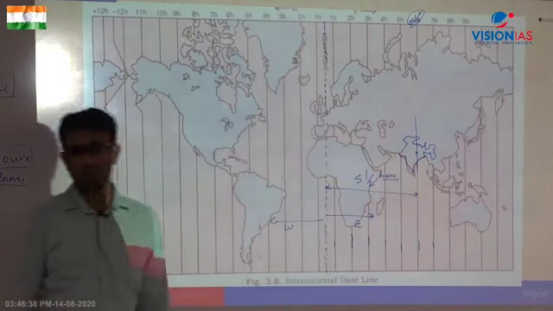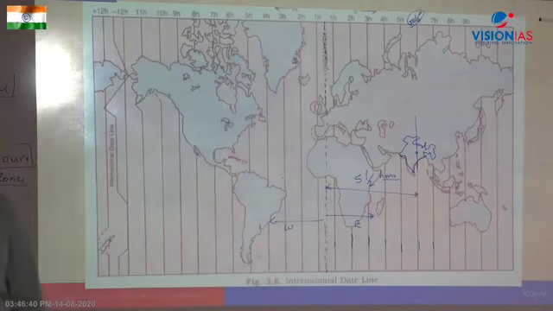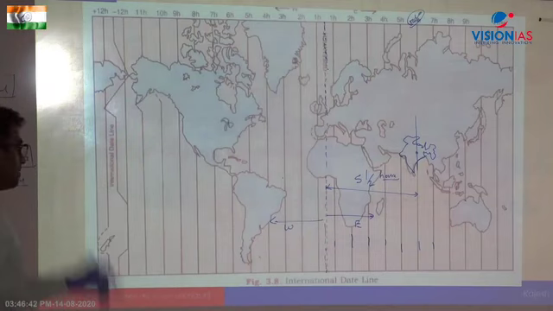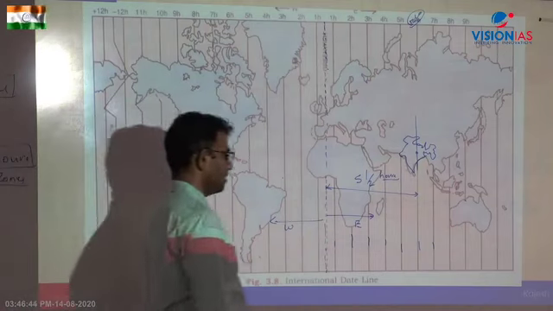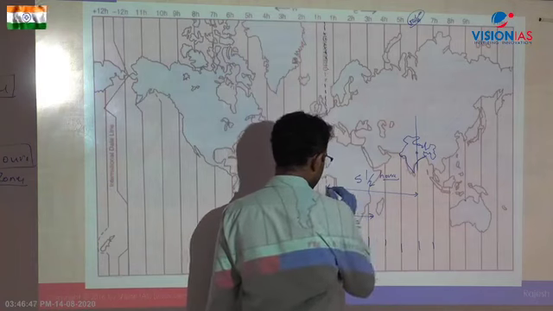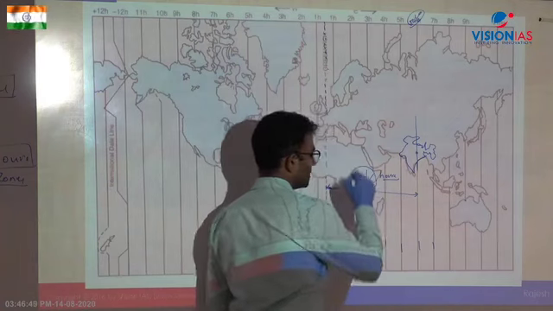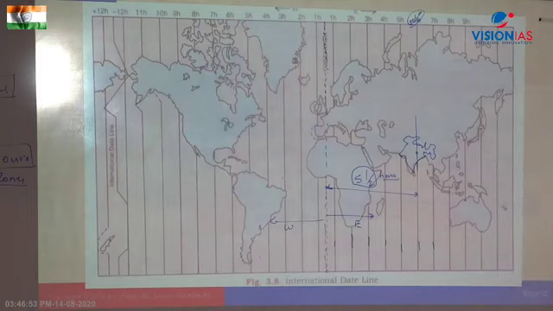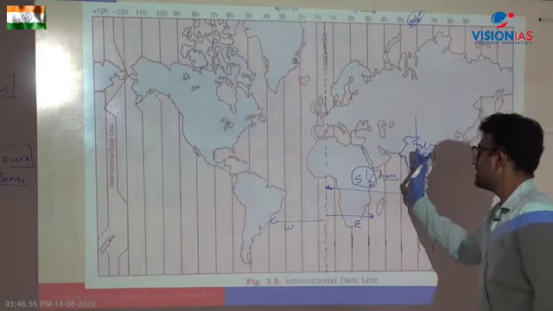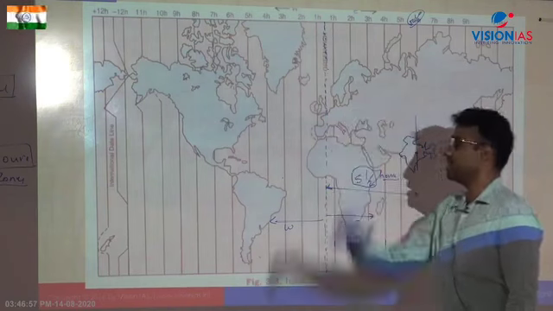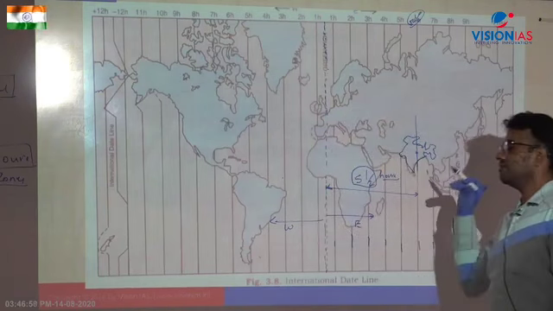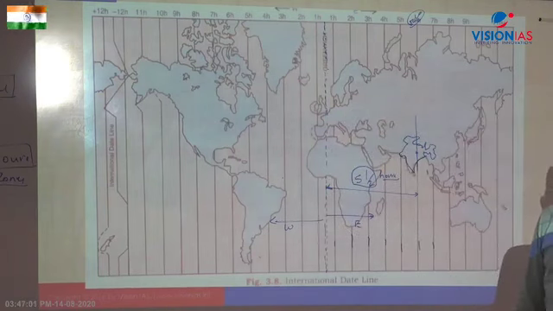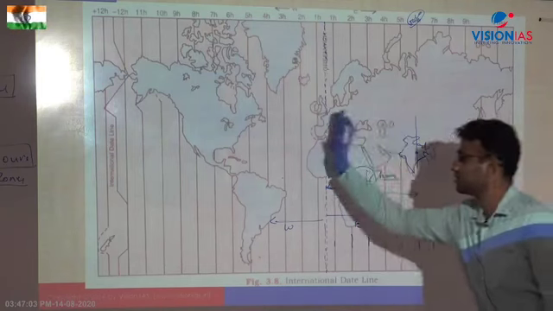You might know when you set the time zone, even in your watch, the olden days watch, or in your mobile, if you have to set, now of course it is automatic. If you have to set your time zone, it will show 5.5 plus Greenwich mean time. That means the Indian time is 5.5 hours ahead of Greenwich mean time, because we are in the eastern part. Because the sun rises first here, then only it goes here.